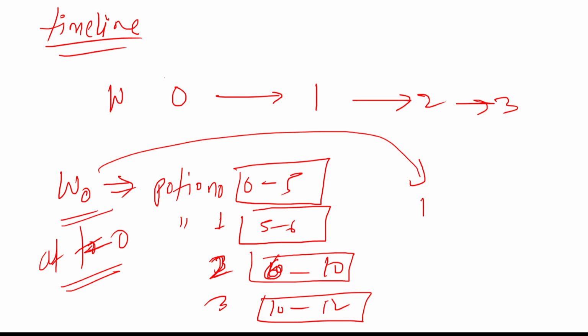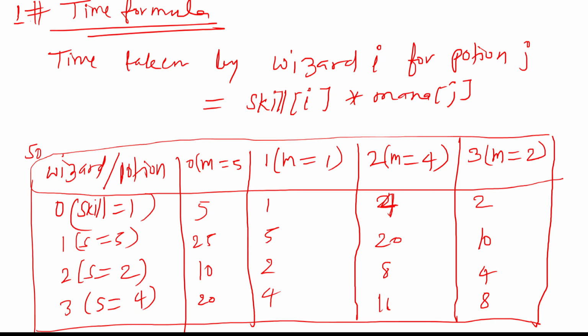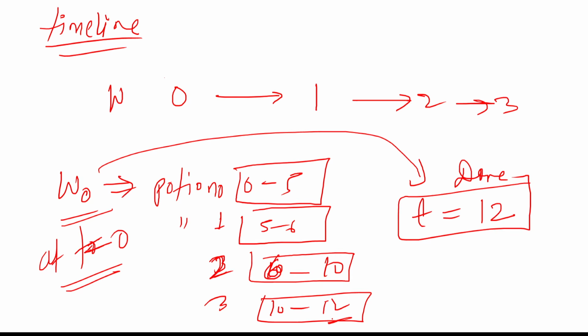But it completes at t equal to 12, right? So we have to use this time formula, and based on this, it's completed. So this is what we have completed.